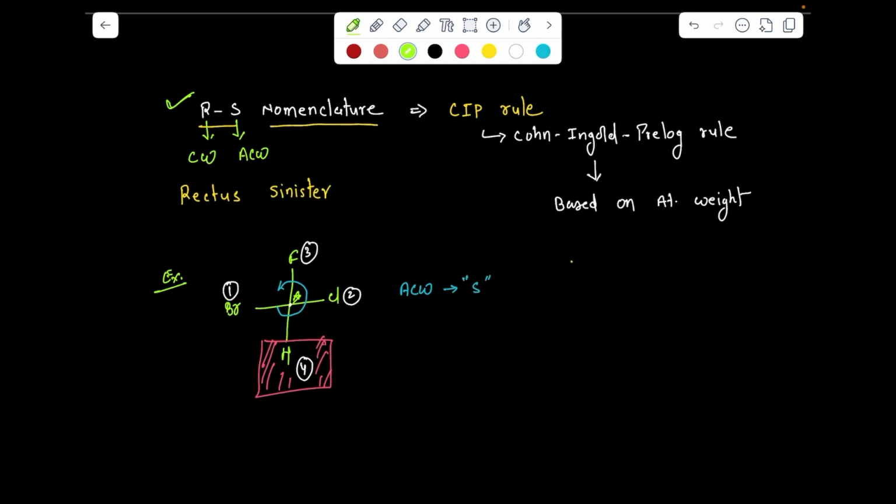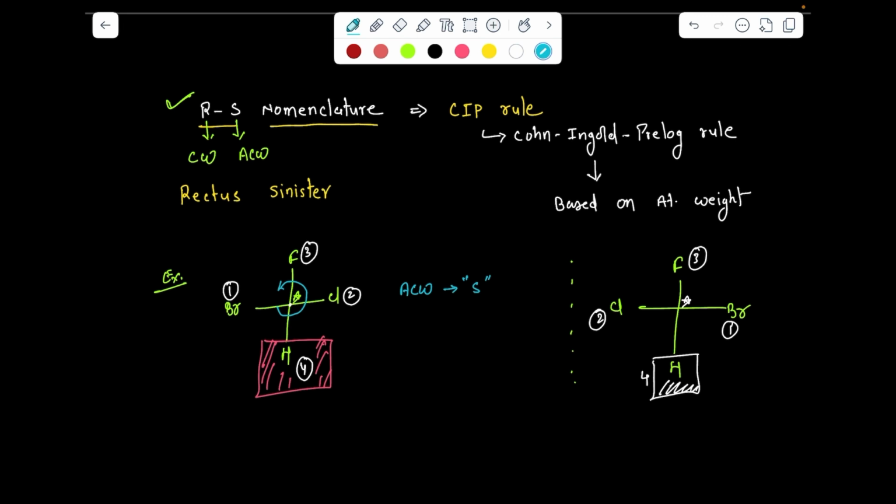Let's take the mirror image of this. We have fluorine, chlorine, bromine and hydrogen. We can observe the mirror image obviously has the chiral center. We can give the numbers 1, 2, 3 and 4. The least priority comes on the 4th position, on the vertical line.